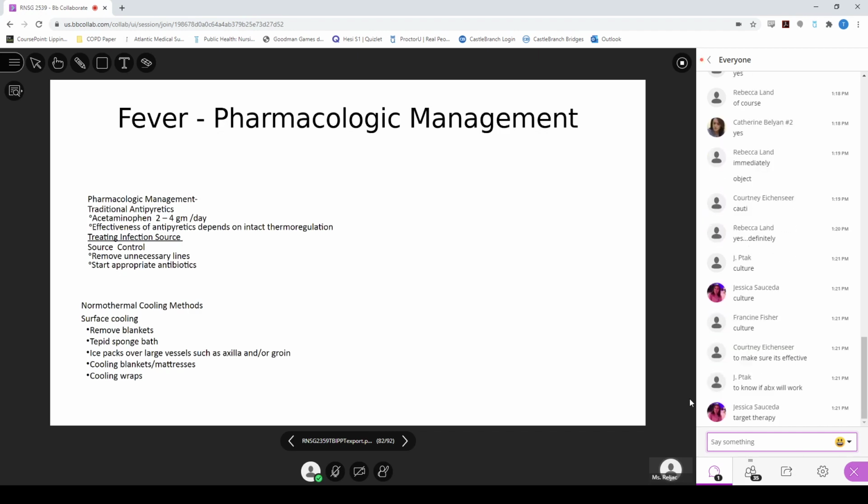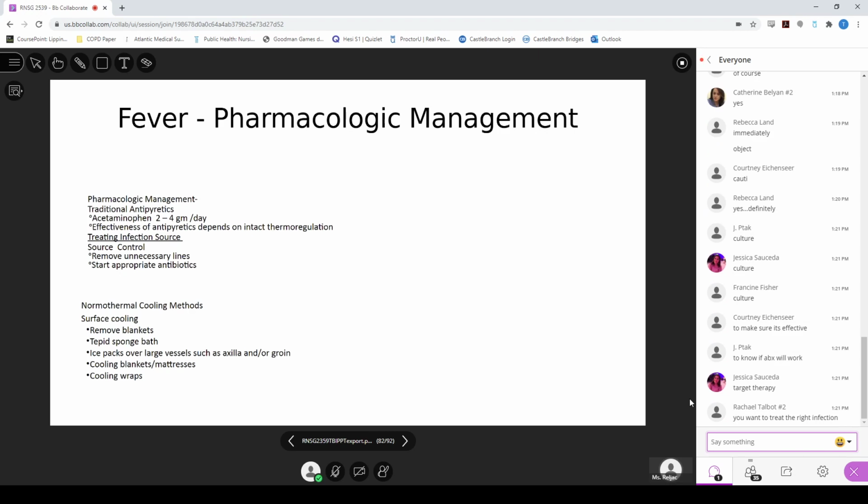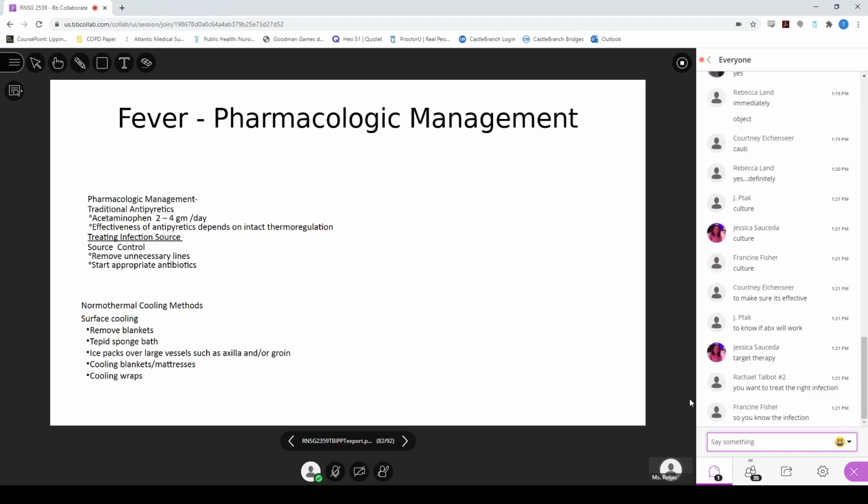So you won't know if you're treating with the right thing. You need that culture so that you can pick the right antibiotic for the right organism. And usually you can cover them for 24 or 36 hours until the culture comes back enough to help you out, and then switch to whatever the culture grows out. But anytime before starting antibiotics, you need a culture and sensitivity, so you treat the right infection. That's right. Y'all are great today over here on that.